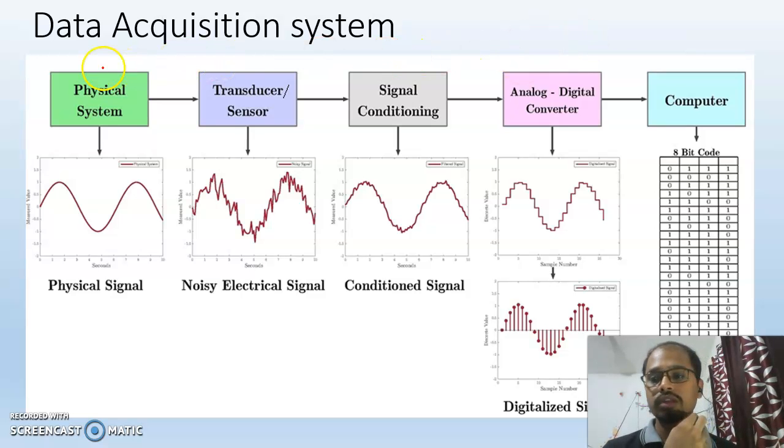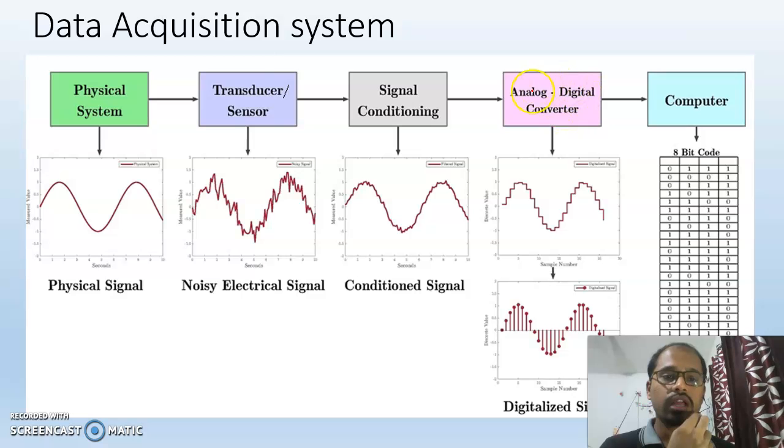For example, if we take temperature, a physical quantity, and want to measure it and store the data in the computer system, the sensor will be an LM35 or any other temperature sensor. Then the signal conditioning unit will condition that signal into a measurable parameter, then the ADC.